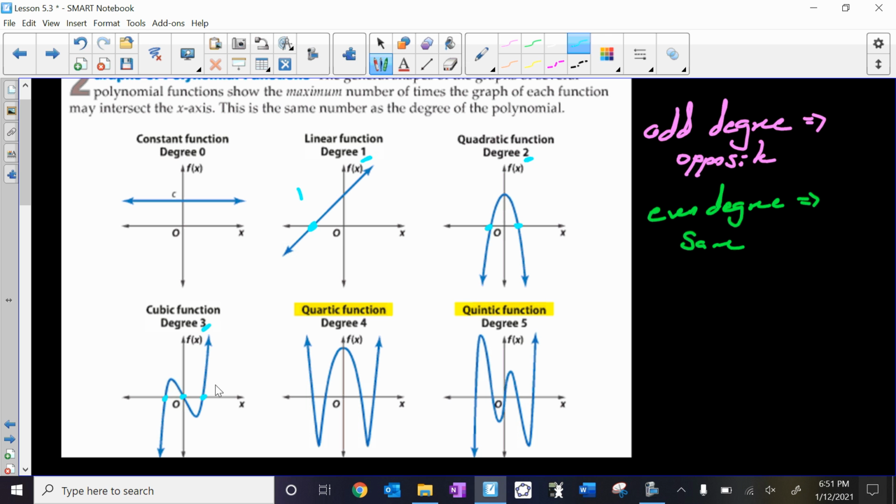Hopefully you're starting to see a pattern now. Degree 4, it's crossing it 4 times. Degree 5, it's crossing it 5 times. Now, I don't have to have 5 real. If I have a degree 5, I don't have to have 5 real solutions. We'll talk more about this in a later section. I could have some imaginaries, but the degree will also tell me how many zeros or solutions I could have or will have.